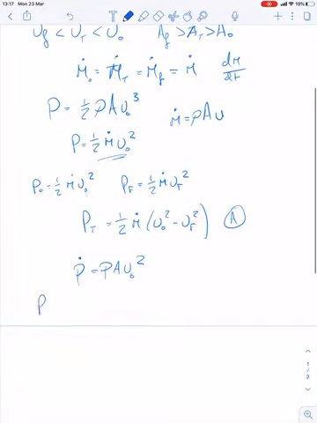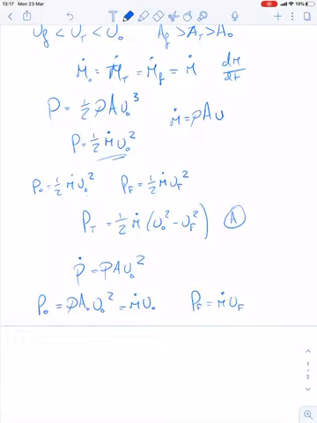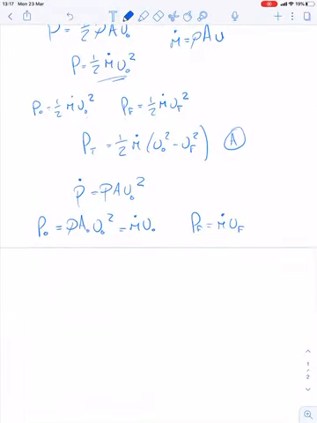Again, if we consider at P0, this must be density A0 u0 squared, which is the same as our mass flow rate times u0. Similarly, for the final position downstream, we're going to end up with m dot uf. So for the turbine, the force acting on the turbine is the total rate of momentum change. Sorry, they should have dots above them there.